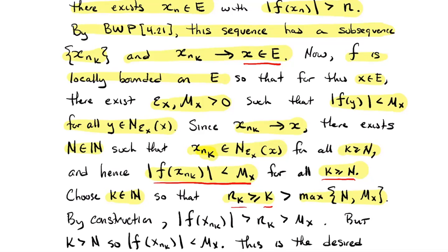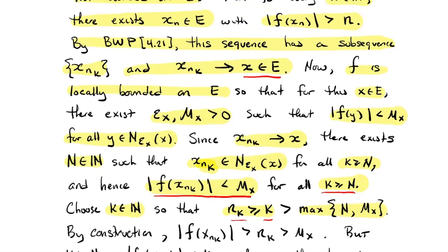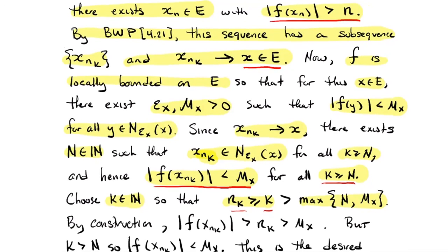Okay, so by construction of the sequence, remember we set up here that when we built this sequence, the absolute value of f of x sub n is greater than n. So by construction, the absolute value of f of x sub n sub k is greater than n sub k, which is greater than or equal to k, which is bigger than m sub x.